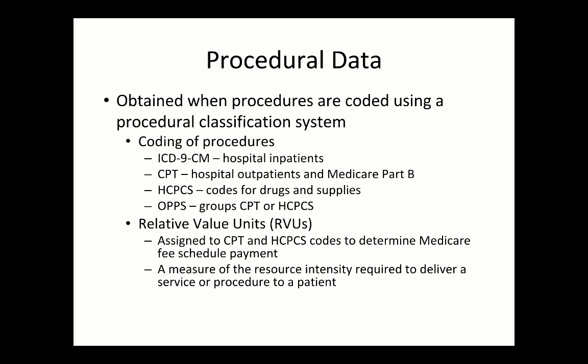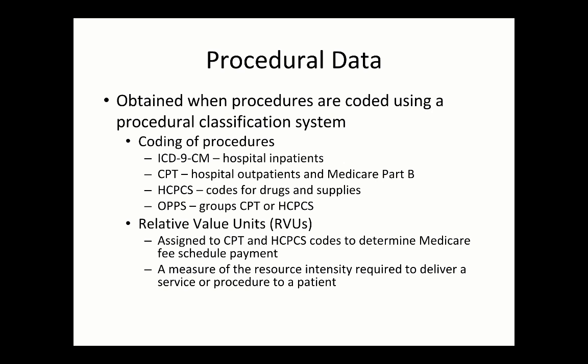Procedural data is obtained when procedures are coded using a procedural classification system. ICD-10-CM contains some procedural coding on hospital inpatients. Outpatient services and Medicare Part B services are coded with Current Procedural Terminology, or CPT.